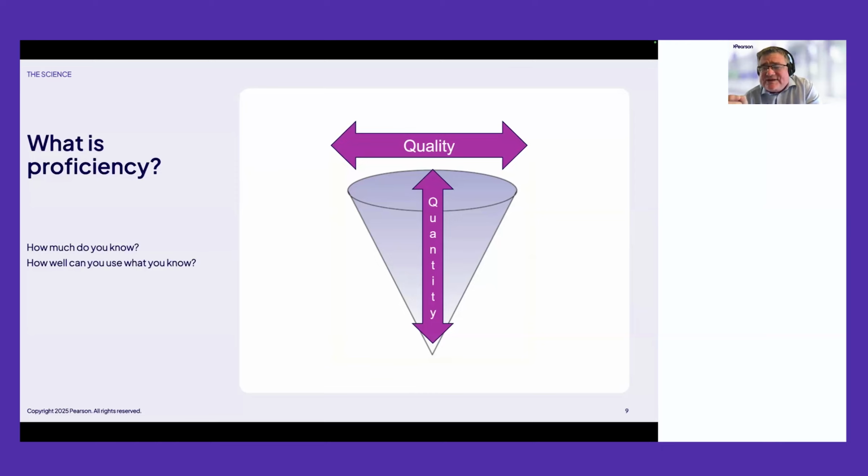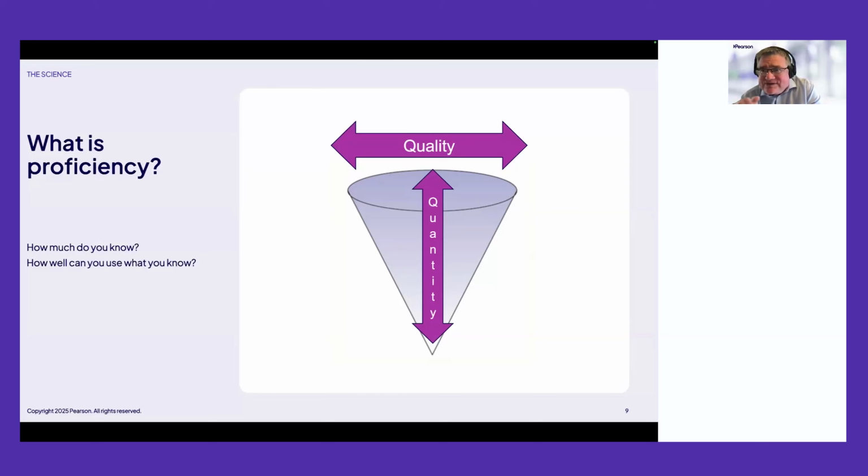So there's a quantity, an amount, and if you think in terms of language, it could just be vocabulary. How much vocabulary does a person know? We all know that learners at high levels of proficiency have a larger, more accessible vocabulary.